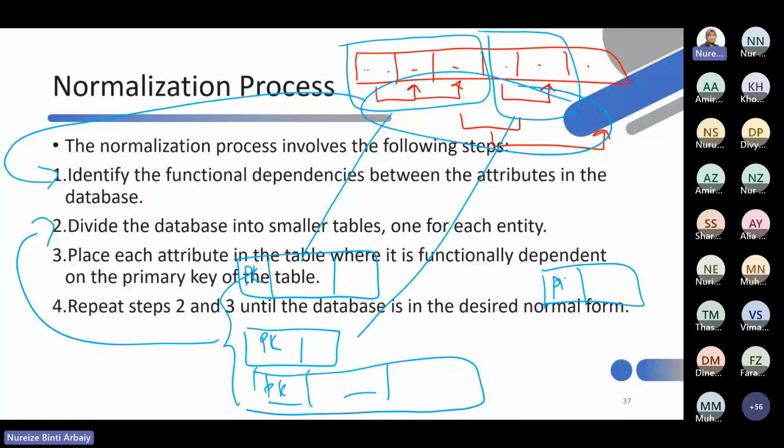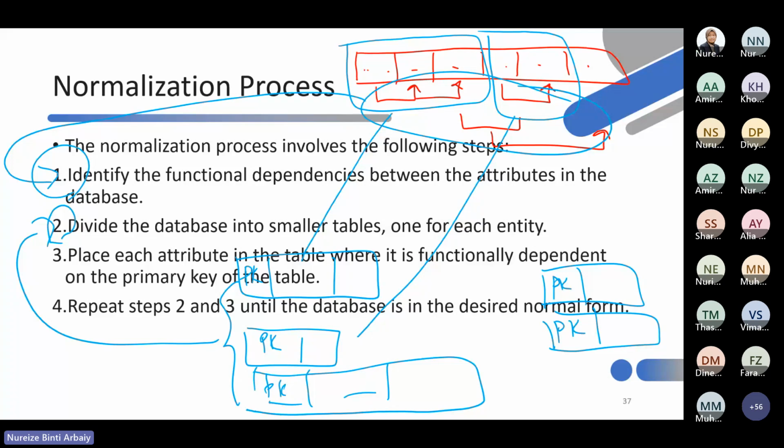This is a common requirement of a database. So this is the process, 1, 2, and 3. Identify the functional dependencies, then break down the table, and finally fulfill a database normal requirement, which is to assign the primary key.